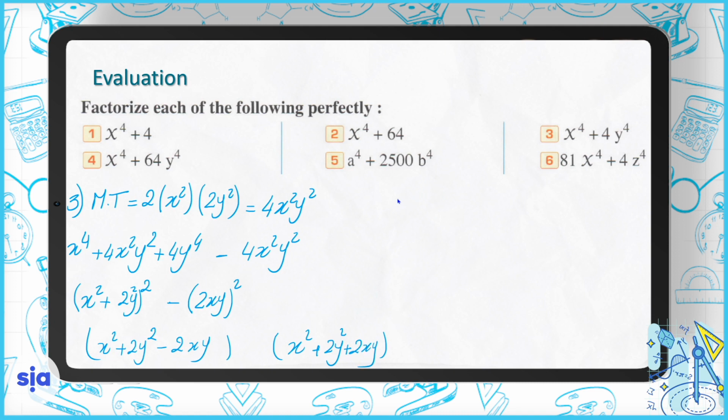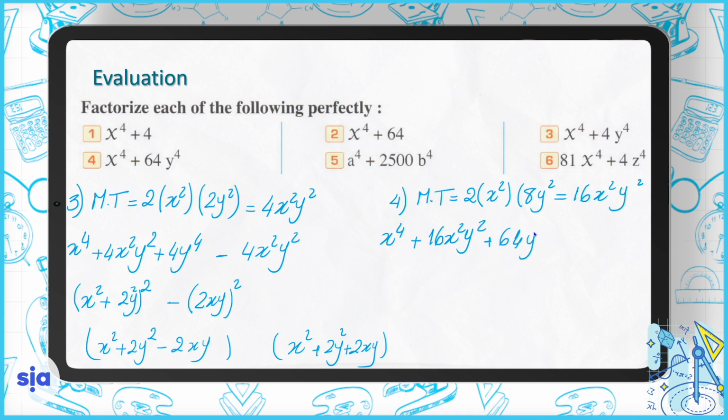Let's now go to question 4. Question 4, the middle term in question 4 is 2 times x squared times 8y squared. So it is 16x squared y squared. We're going to add the middle term, x power 4 plus 16x squared y squared plus 64y power 4 minus the 16x squared y squared.